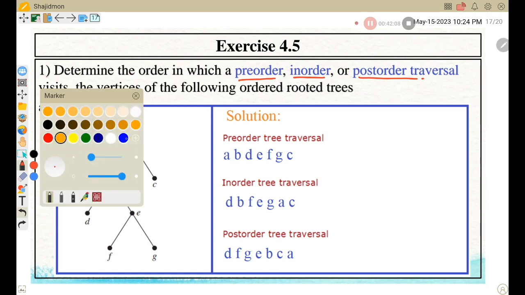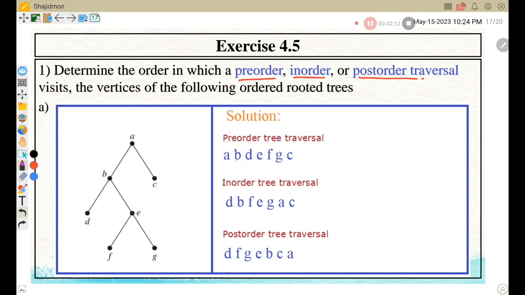Okay, so let's start the pre-order first. In pre-order we visit the root vertex, then left, then right, correct? So we start with A here, then the left subtree first, so B, then B to D here.